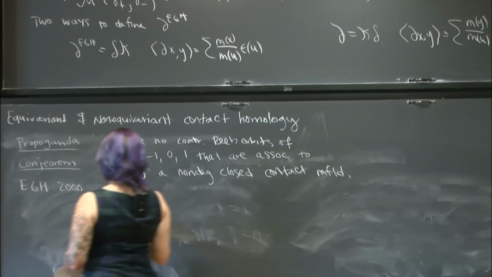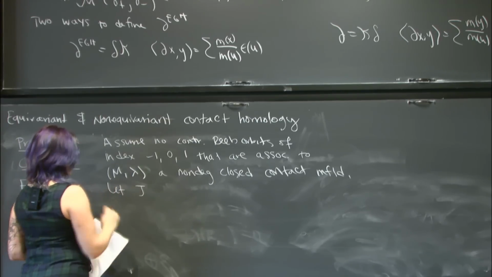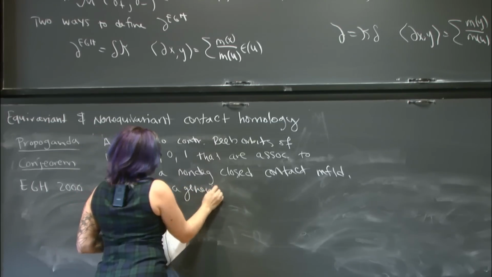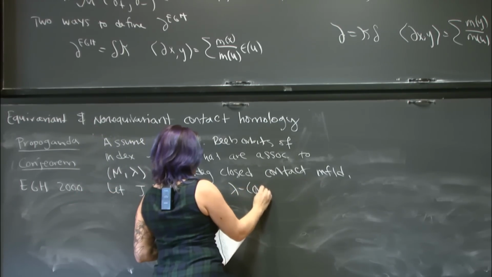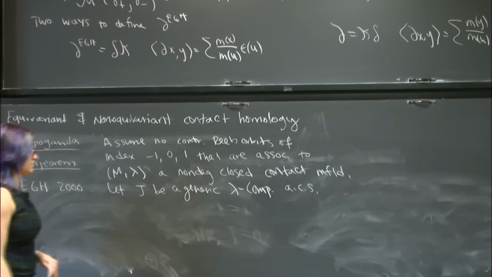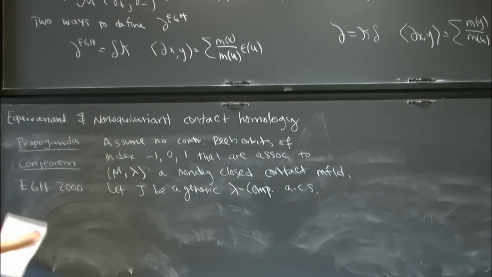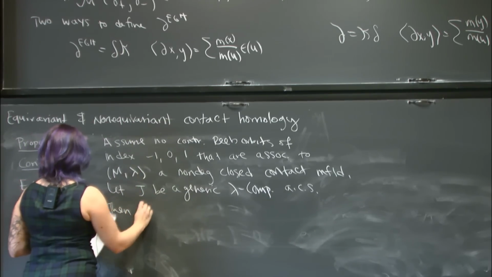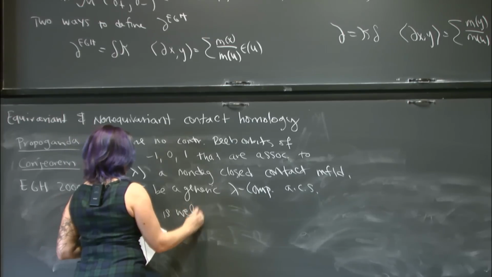And then you want to take J to be a generic lambda-compatible almost complex structure. So another way that people say this is to say that you want an R-invariant almost complex structure on the symplectization. Then the differential is well defined.